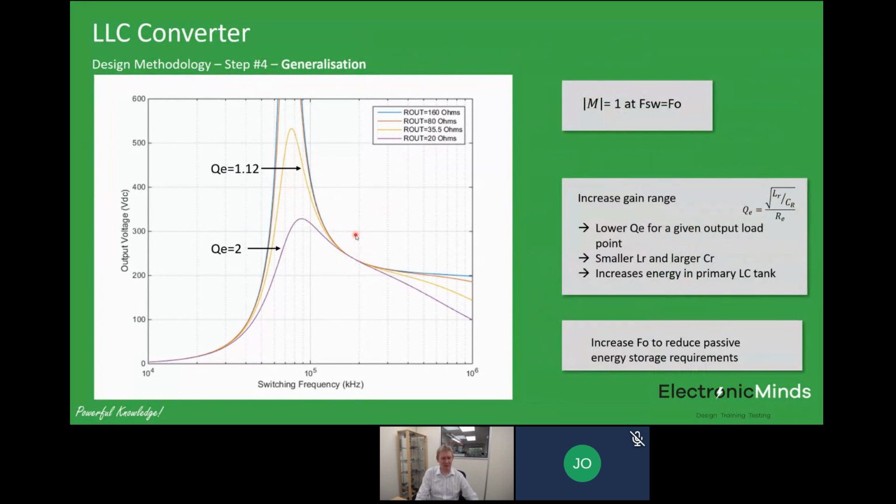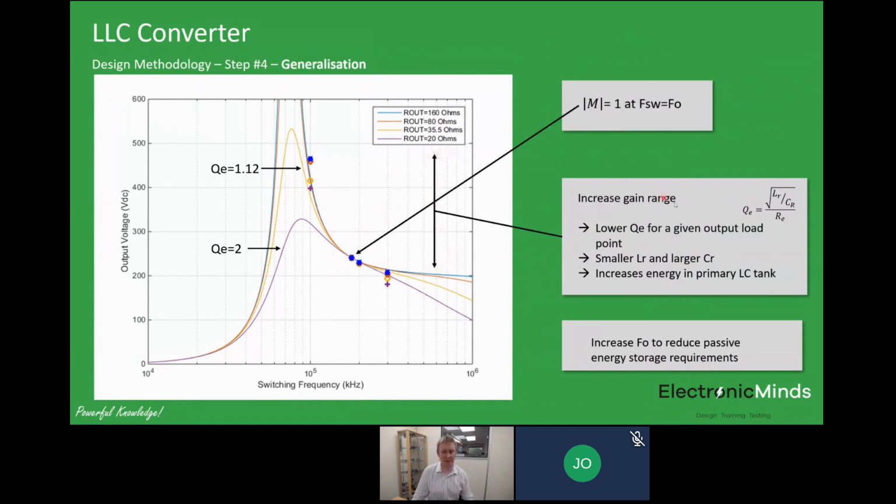In terms of a generalization here, as I said before, the magnitude of that gain curve is 1 when we're down at this point here. If I click through here, I'll go through the simulation points again. There we go. The magnitude M is 1 at this F0 point. Now, if I want to increase the range of gain that I can achieve with my system, what can I actually do?